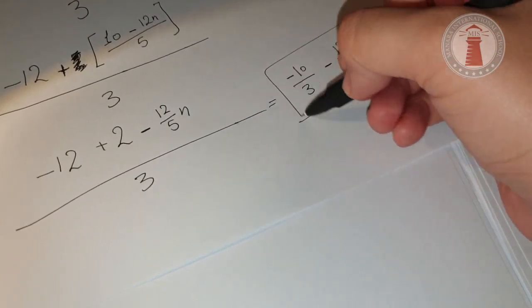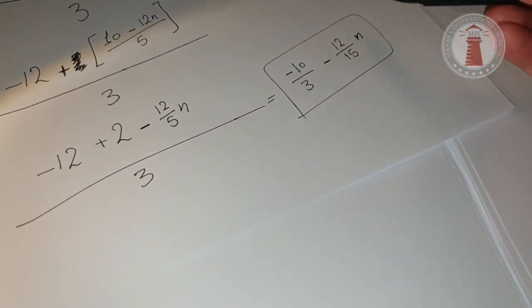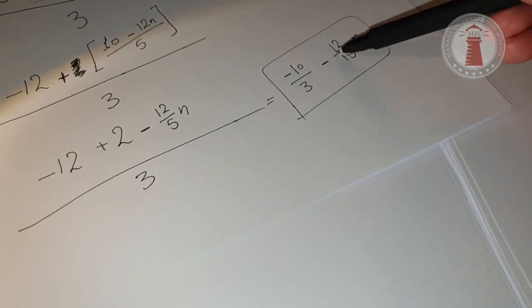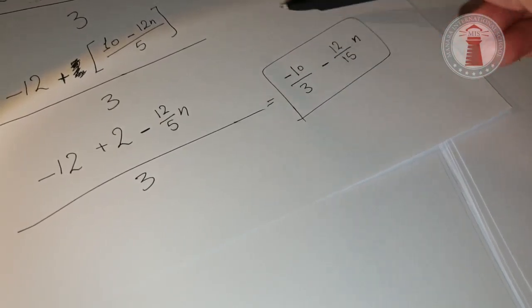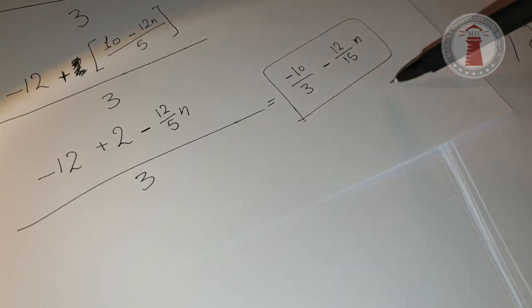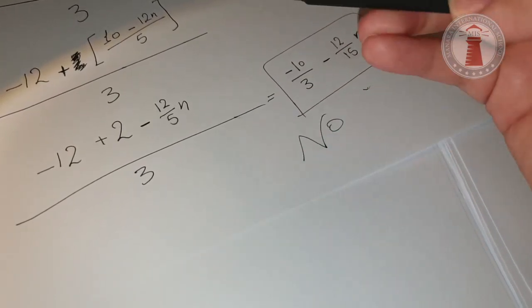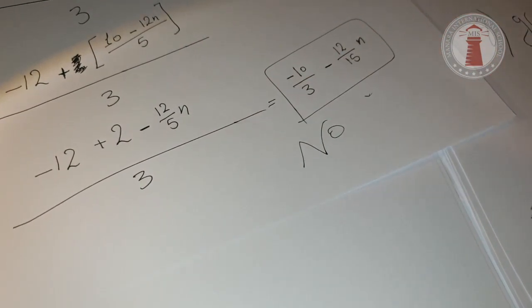Now, as you can see here, we're not left with n, we're left with a number and other coefficients, and it doesn't matter what numbers you have here. It's just a couple of numbers, and these numbers will get you the answer no. So these two functions are not inverses.